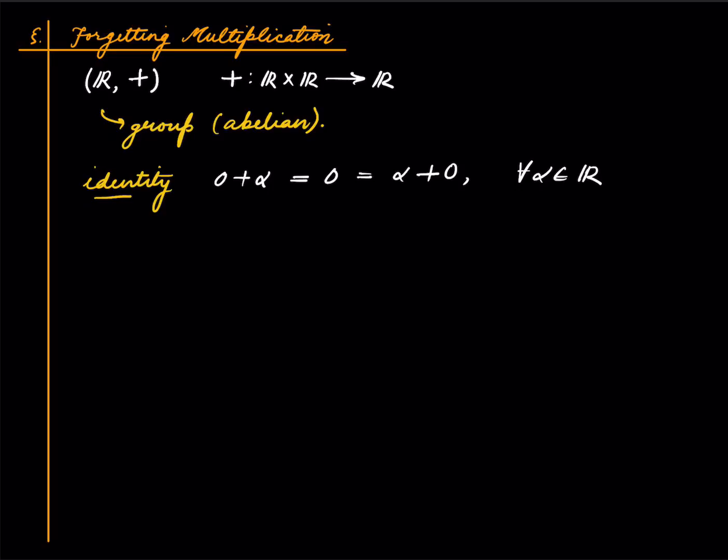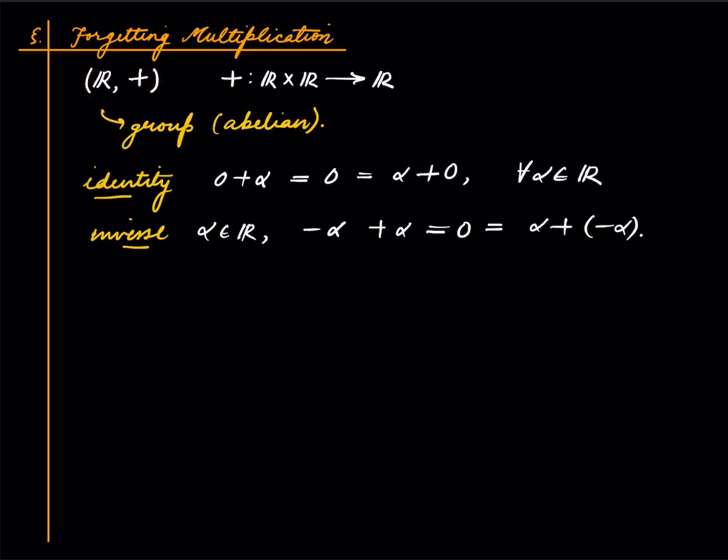And then inverse. So if alpha is given, then minus alpha clearly is an inverse. So minus alpha plus alpha is 0, which is equal to alpha plus minus alpha. So basically inverse of everything exists, and therefore this is a group.